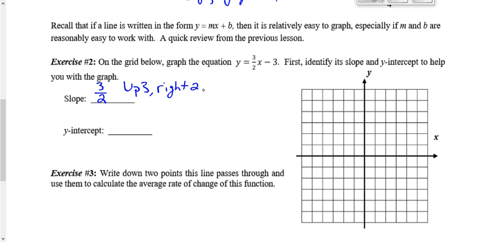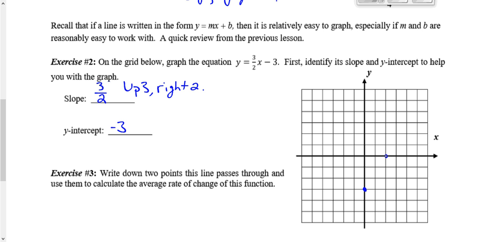And what is the y-intercept of this? Negative 3. So go over here on the y-axis to negative 3. 1, 2, 3. And which way do we proceed from there? Up 3. Right. 1, 2, 3, and right 2.